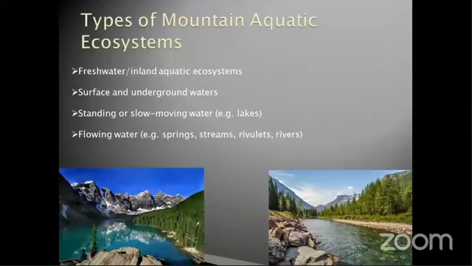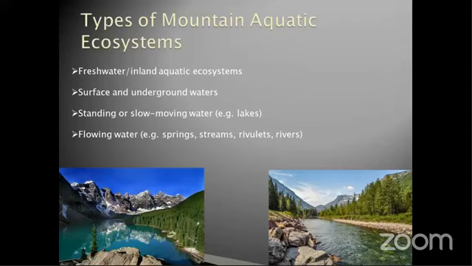But let's move on. According to the types of mountain aquatic ecosystems, first of all, usually we think about inland or freshwater ecosystems. Those ecosystems can be natural or can be artificial. When we are talking about artificial water bodies, usually they are slow moving or stagnant, and they are connected to some hydropower plants like reservoirs.